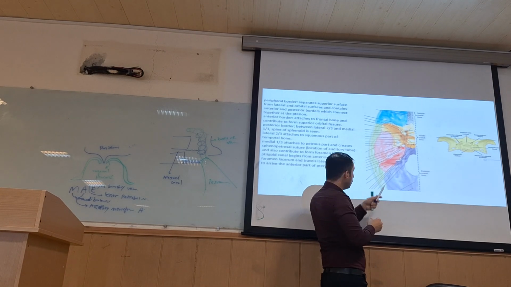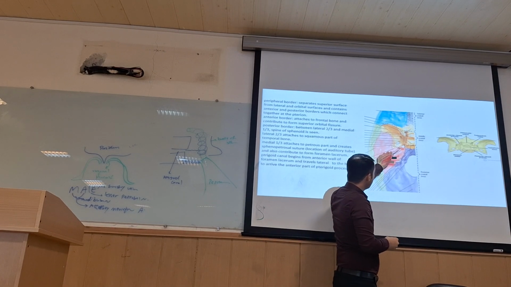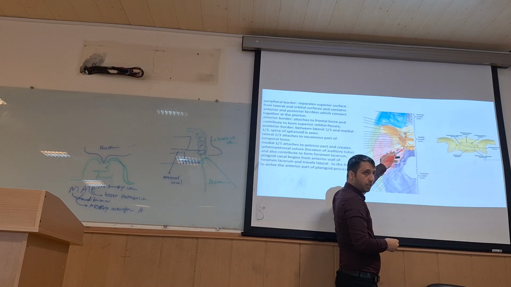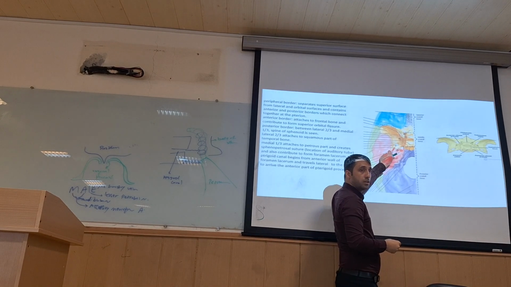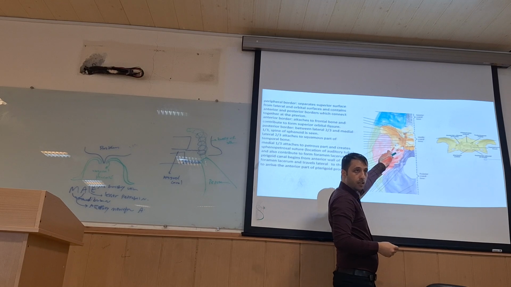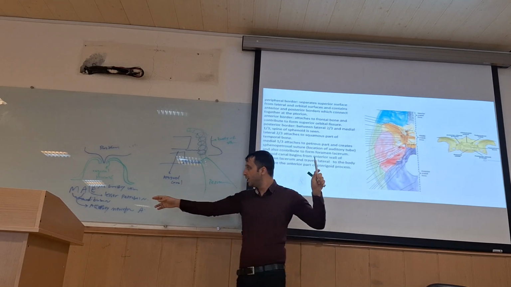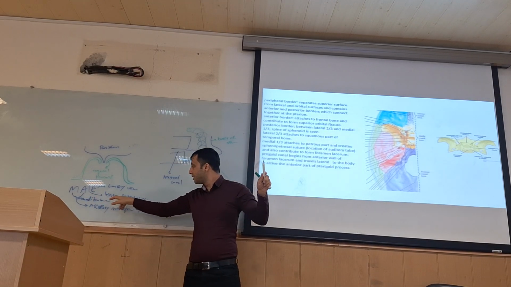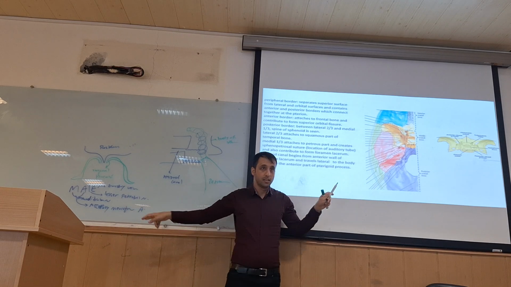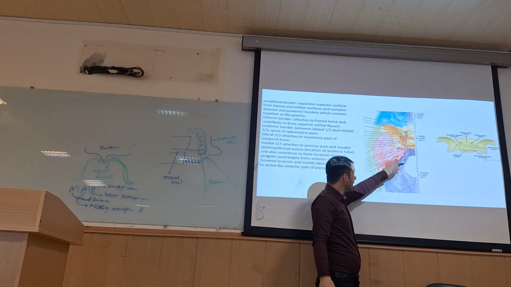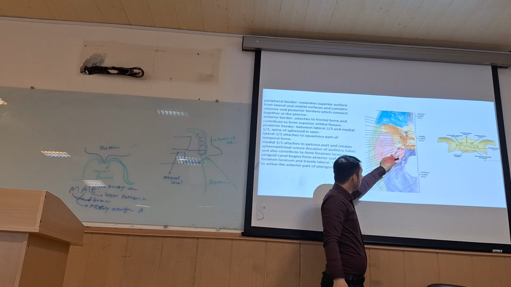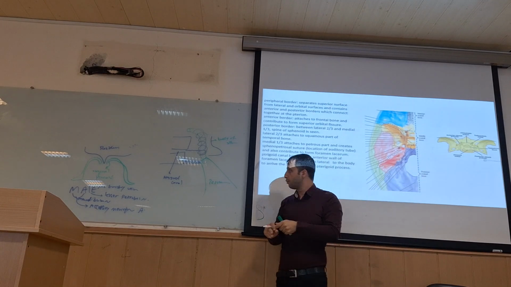Groove for greater petrosal nerve arrives at foramen lacerum. Groove for lesser petrosal nerve arrives at foramen ovale. I said that foramen ovale is lesser petrosal nerve. Okay? So here is groove for lesser petrosal nerve. Groove for greater petrosal nerve is prior to foramen lacerum.